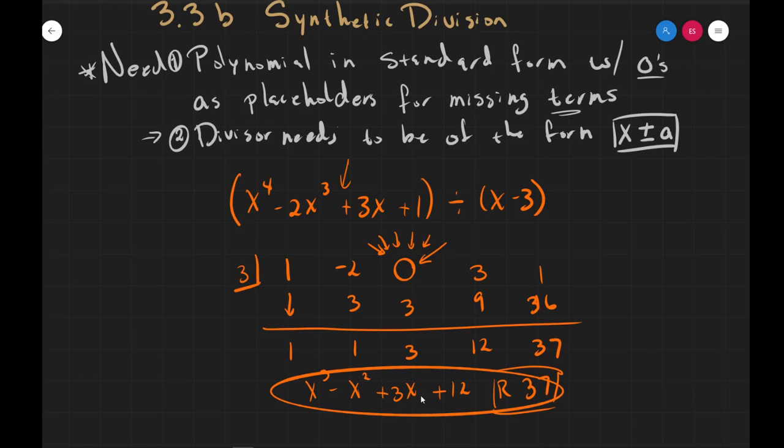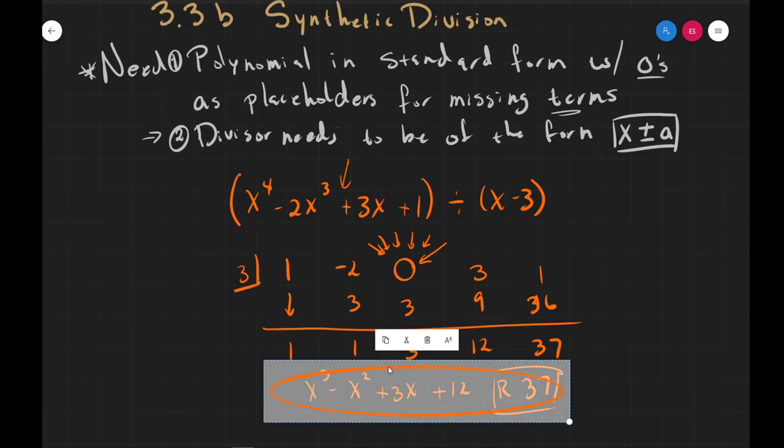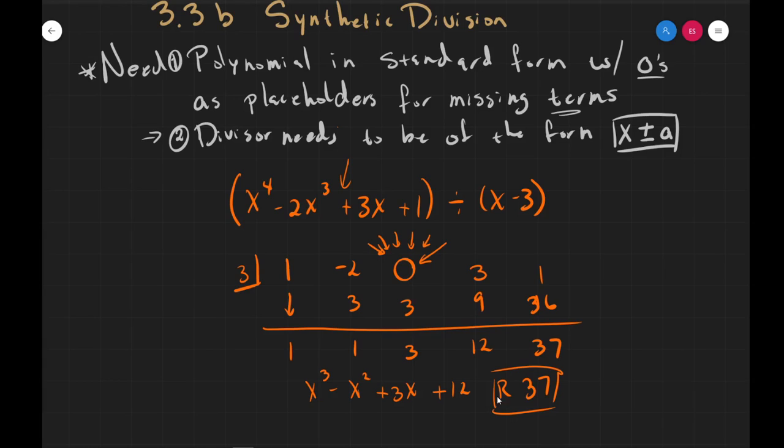So I noticed in some of your homeworks that some of you would write this for your answer. But instead of writing it as remainder 37, you looked in your book, which is great. I appreciate you using your book. That's what it's there for. But you would have written something like this: plus 37 over x minus 3, which is fine.